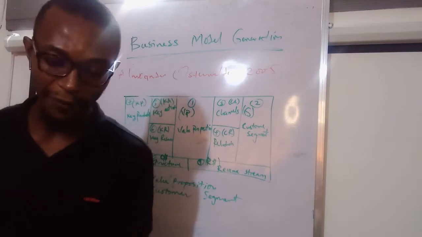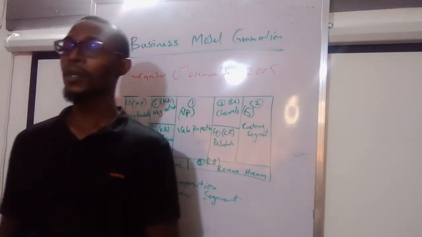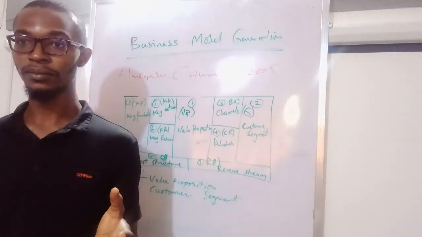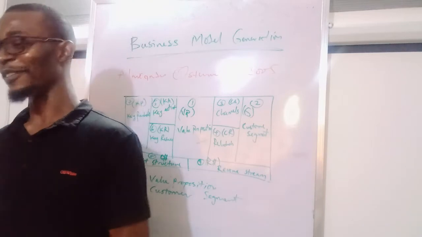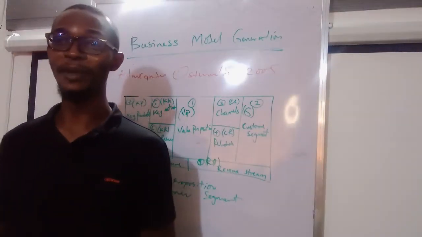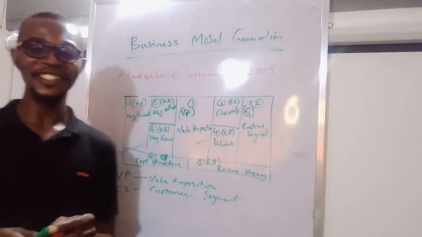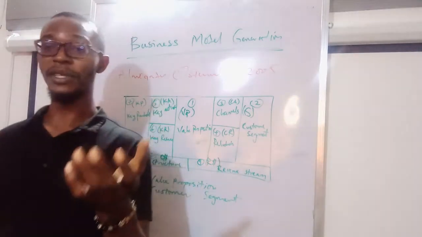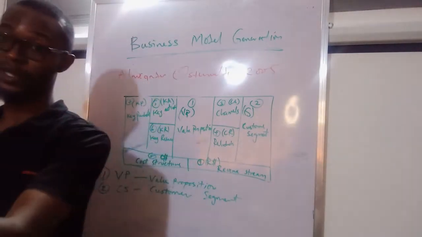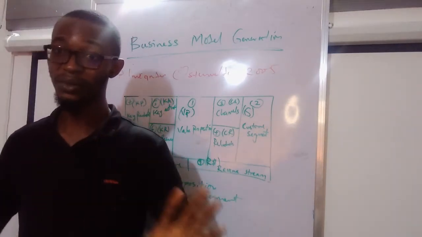At the same time, we have a multi-sided customer segment, and a good example of that is Google. It's a multi-sided platform because we have people that are putting content out there, and we have people that are looking for the content, and Google has to appeal to these two segments in different ways.